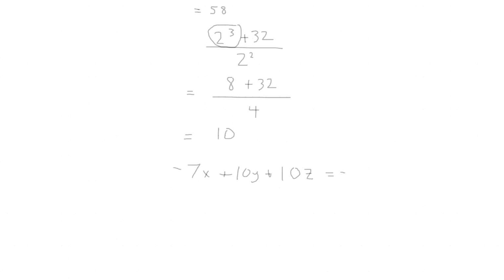What's equation 2? 7x plus 8y plus 6z equals 2. And the third equation? -7x minus 4y minus 2z equals 2. Okay.